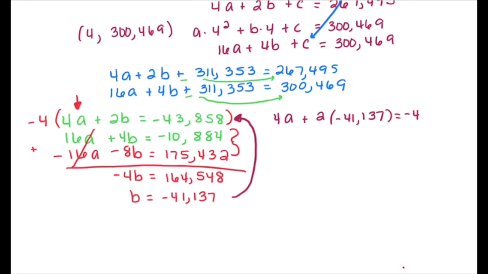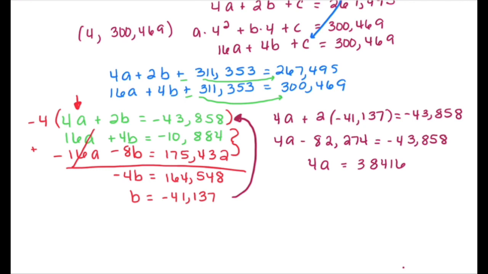Equals negative 43,858, or 4a minus 82,274 equals negative 43,858. Adding that 82,274 to both sides, 4a would provide me with 38,416. So a is equal to 9,604. We now have our a, b, and c for the general form of the quadratic regression.